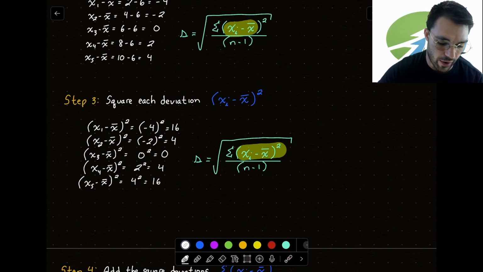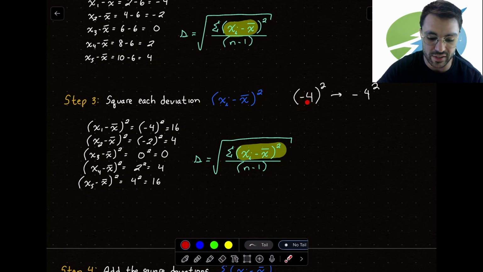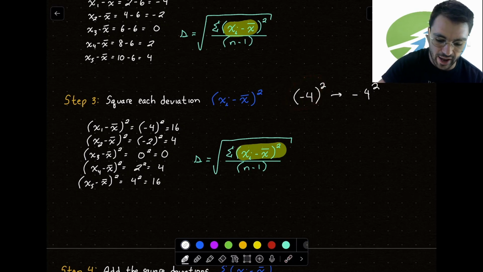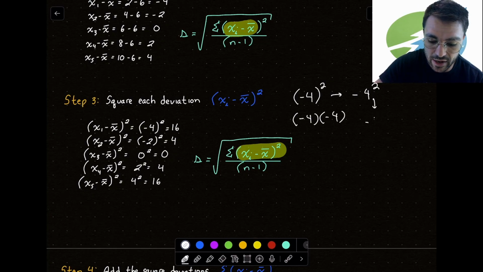You notice how I write the negative 4 squared, or the negative 2, it doesn't matter, but I write it like this as opposed to this. These both mean 2 different things, and it's very important that we include the negative inside the parentheses. This statement here reads as negative 4 times negative 4. Whereas this statement here reads as something a little bit different. This actually reads as negative 1 times 4 times 4.